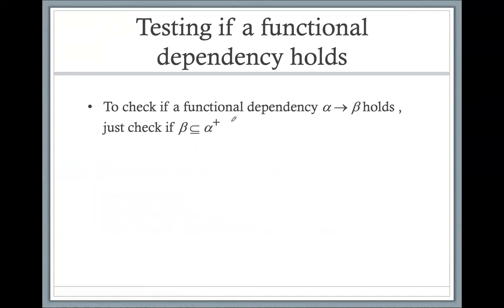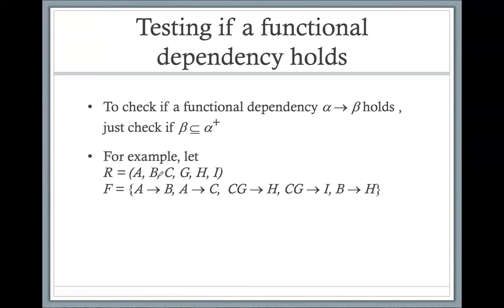To determine whether a functional dependency holds, so alpha determines beta, all I have to do is compute the closure of alpha and check if beta is in this closure. If beta is in this closure, then it holds. For example, let's say I have, again, my table R and this set of functional dependencies.